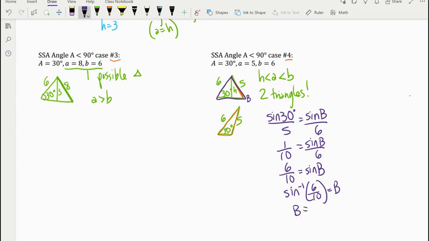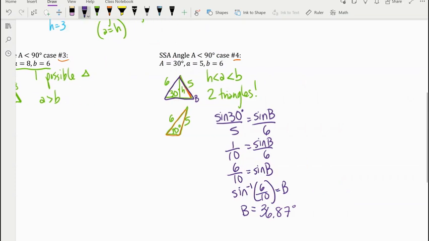And I get b is equal to, hold on, let me use my calculator here. Okay, 6 over 10. Okay, and I get b is 36 point, let's call it 87 degrees.